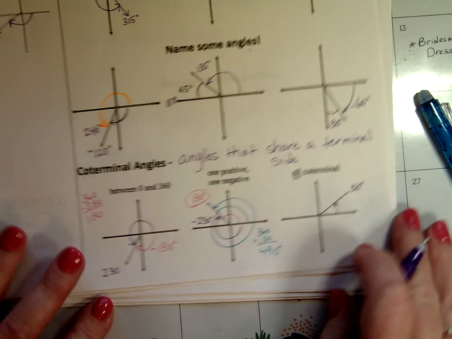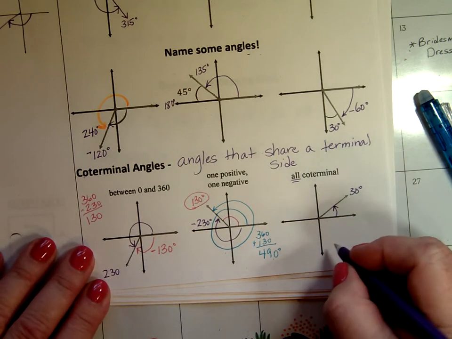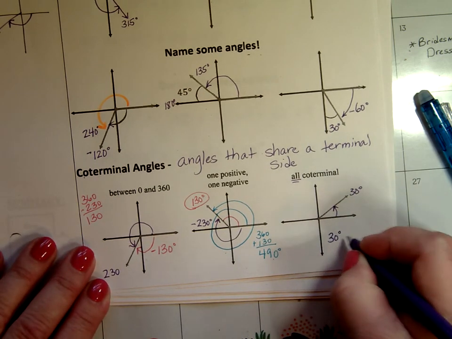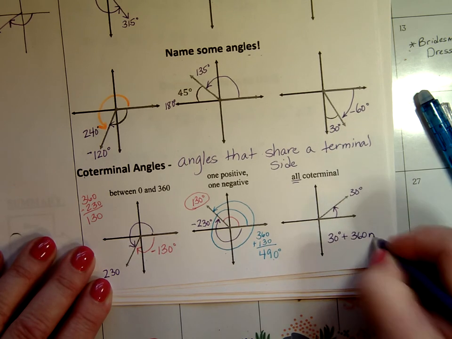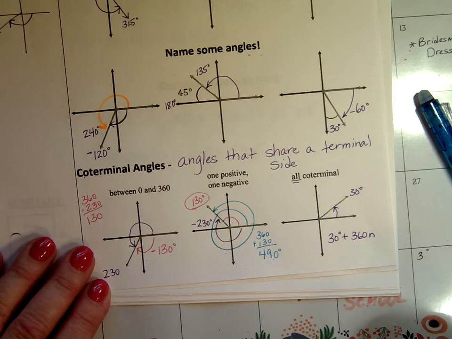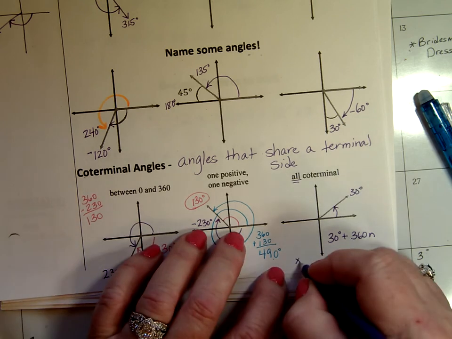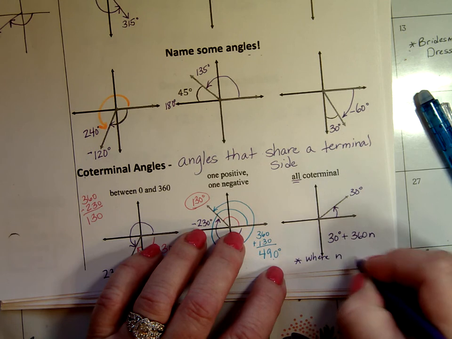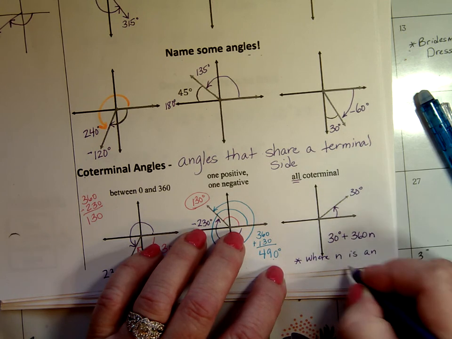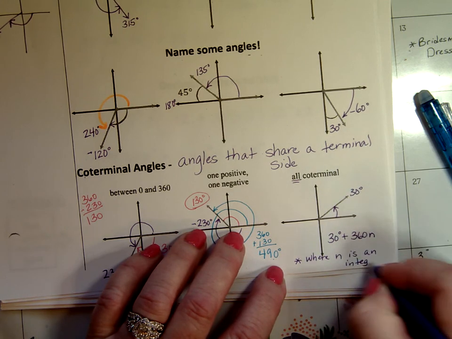It's going to be that angle, 30 degrees, plus any multiple of 360 degrees after it. And let me put the whole thing together, where n is an integer. In other words, a whole number, positive or negative.